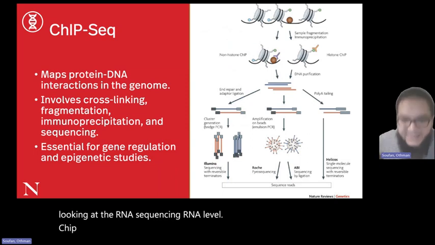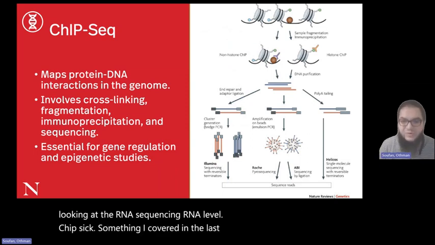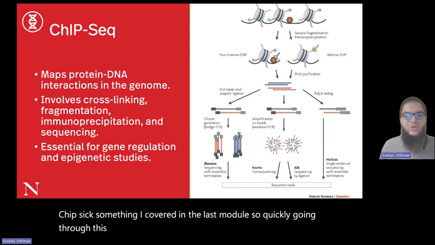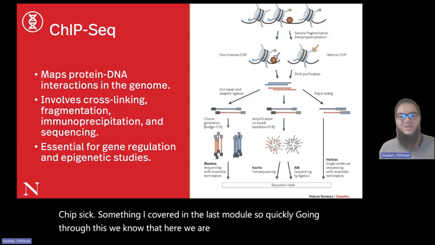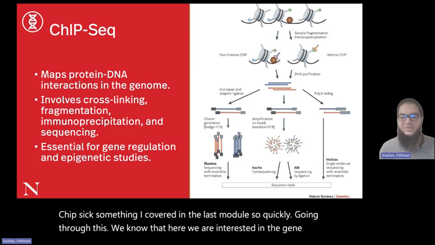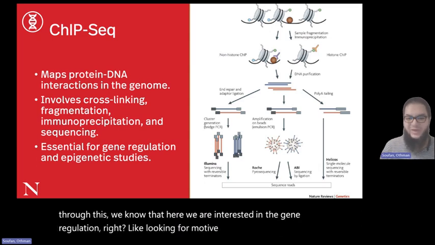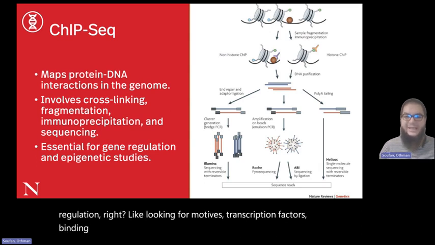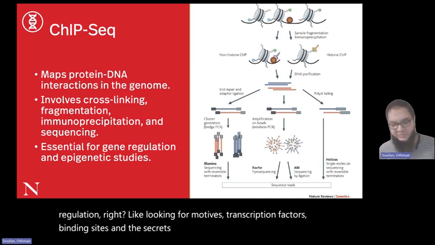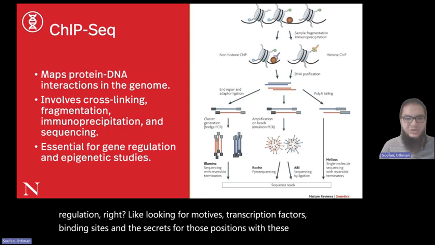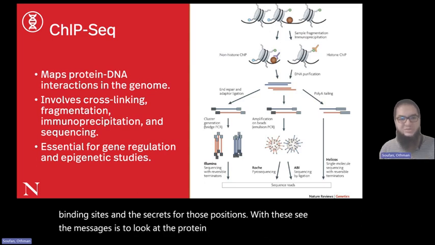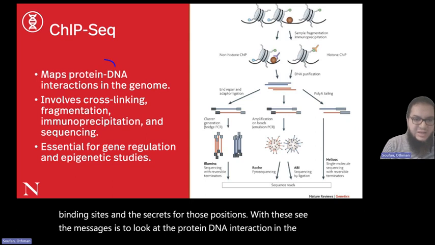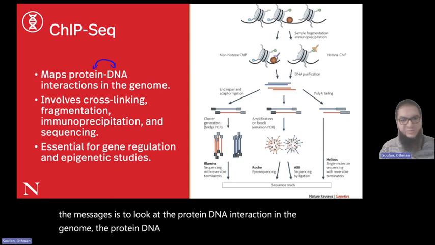ChIP-seq is something I covered in the last module. So quickly going through this, we know that here we are interested in gene regulation, right? Like looking for motifs, transcription factors, binding sites, by looking at the protein-DNA interaction in the genome.